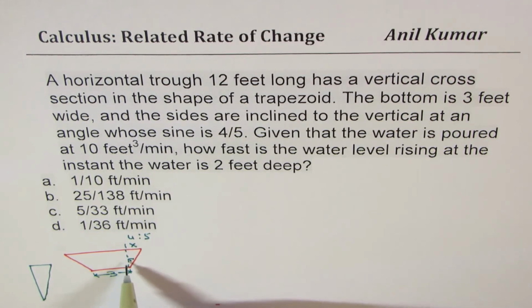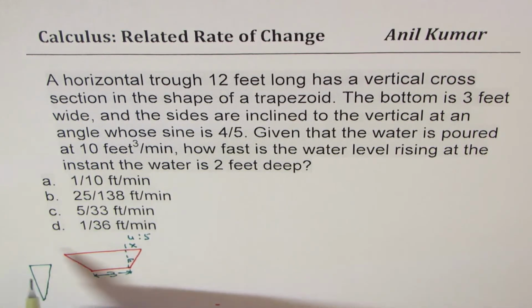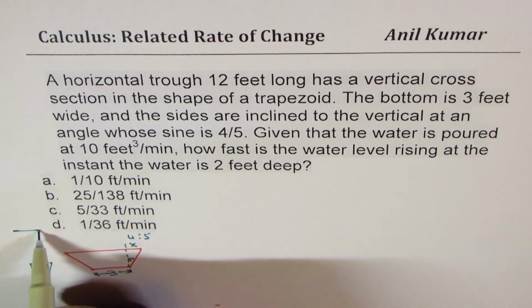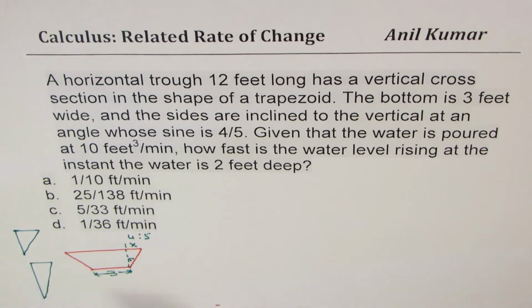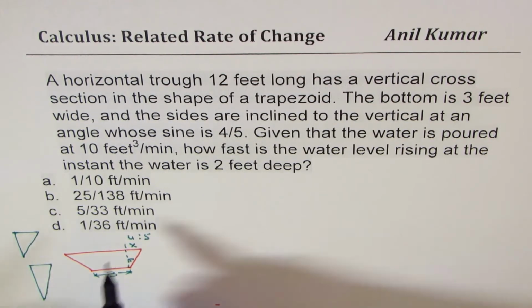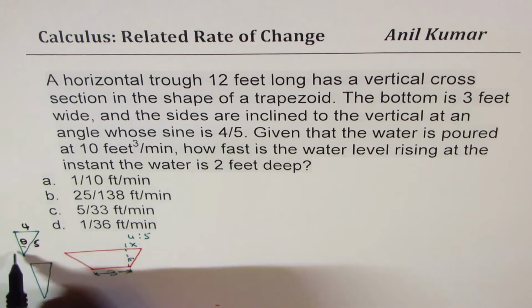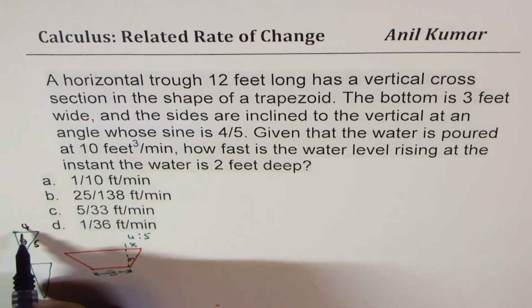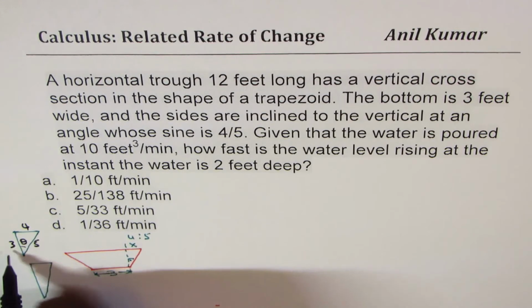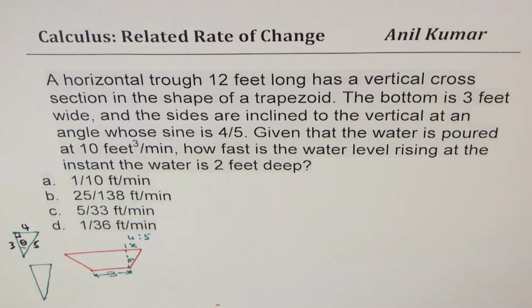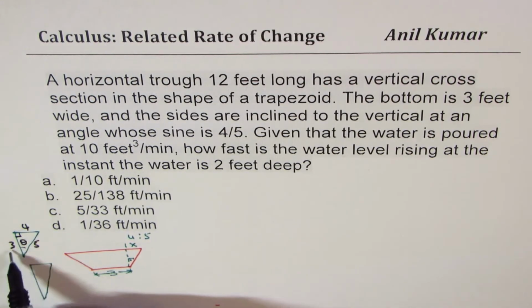So what will be the height? We actually will have a right triangle. Let me draw it here once again. We'll have a right triangle whose ratios will be like this: for angle theta, this is 4 over 5. Then the other side is going to be the square root of 5 squared minus 4 squared, which is 3. So it is a 3, 4, 5 right triangle, where height and the side x are in the ratio of 4:3.